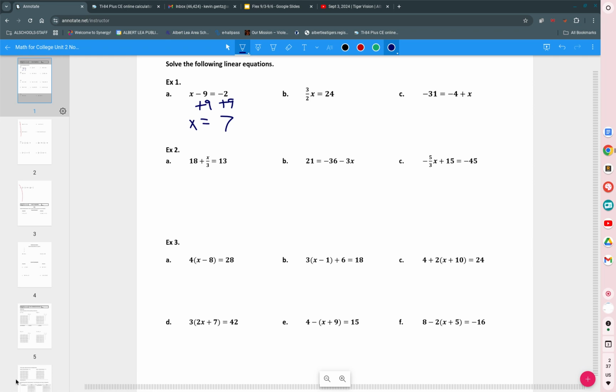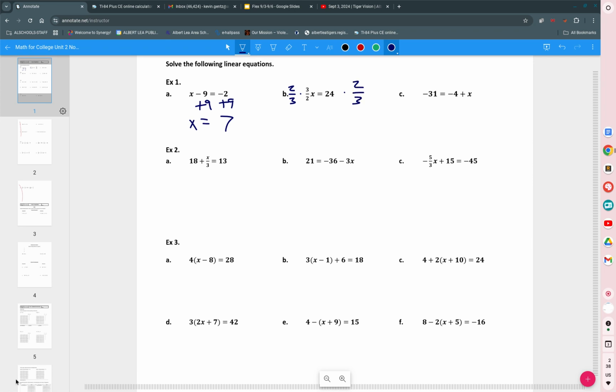Letter B is different because I have a 3 halves in front. Anybody know how I get rid of the 3 halves in front? Yeah, so you see it's dividing by 2, so you can multiply by 2. And because it's multiplying by 3, I divide by 3. So if you see a fraction in front, you multiply by the reciprocal.